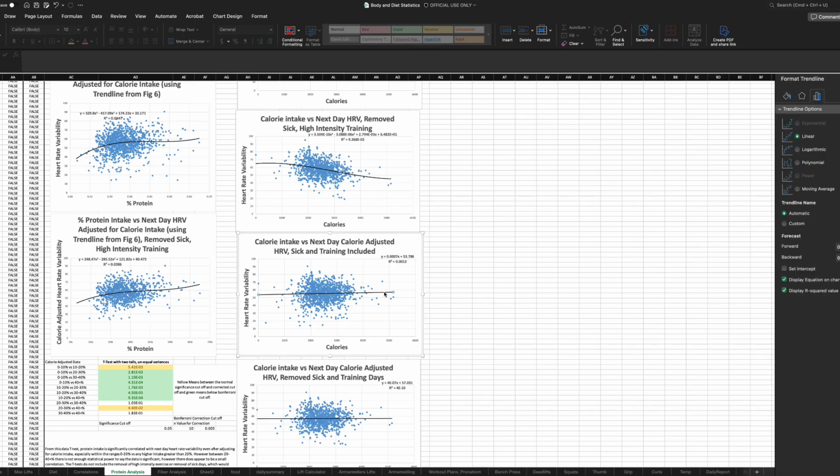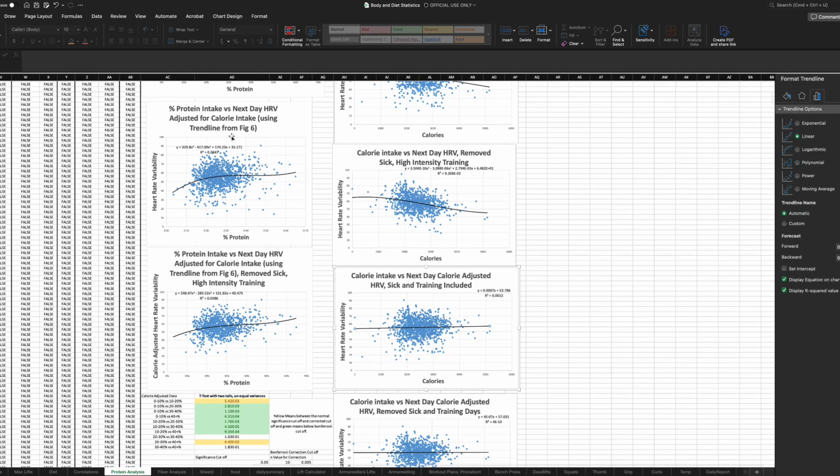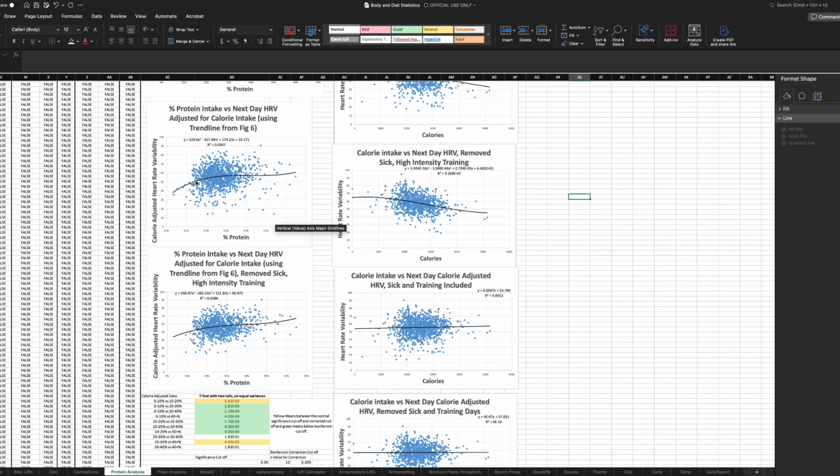Now, using that, I then plotted the protein and the adjusted heart rate variability. Okay, so this is the adjusted heart rate variability. It's calorie adjusted. So calorie adjusted heart rate variability versus protein, and I'll do a linear one.